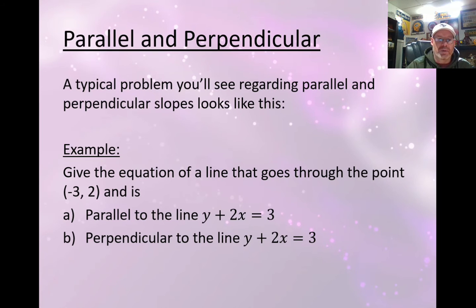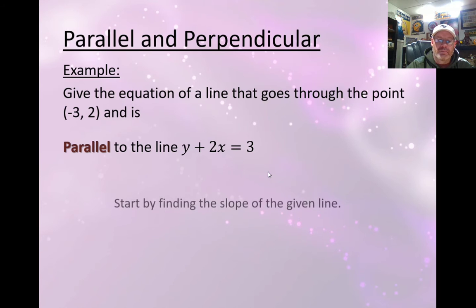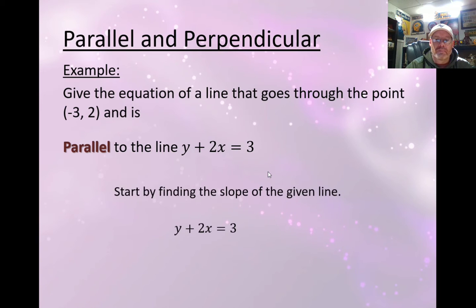All right, we're going to start with a parallel one. And we need to identify what the slope is right away. Hopefully you can tell just by looking at it that if I take and put this 2x over on that side, it's going to give me a slope of -2. Just like that.